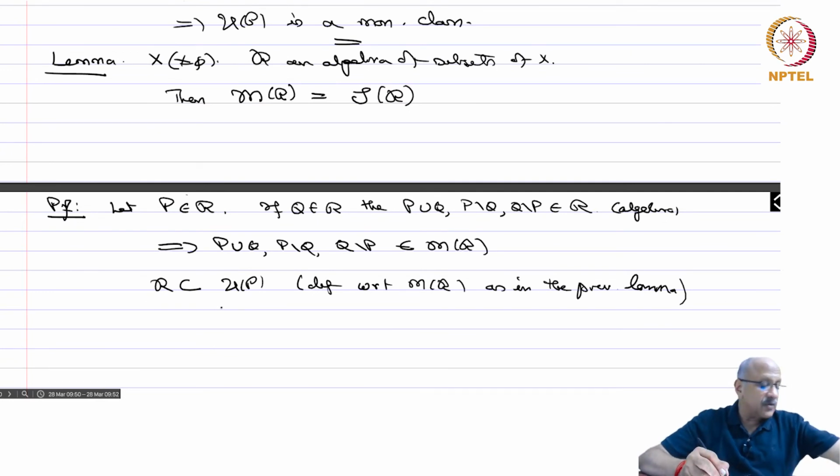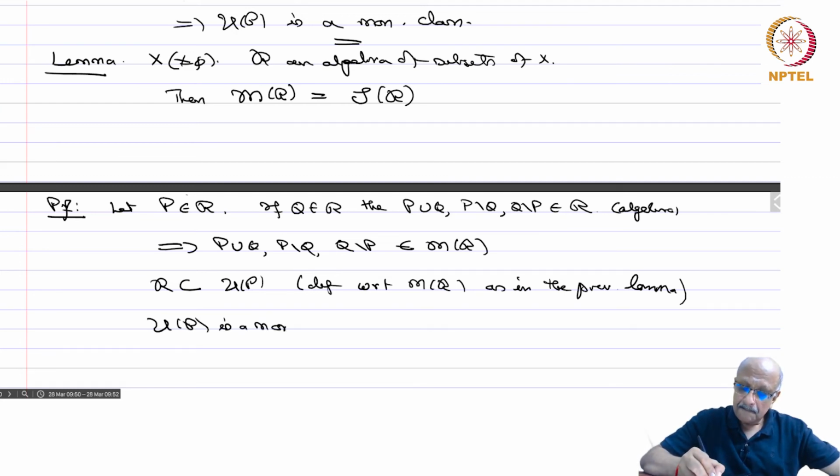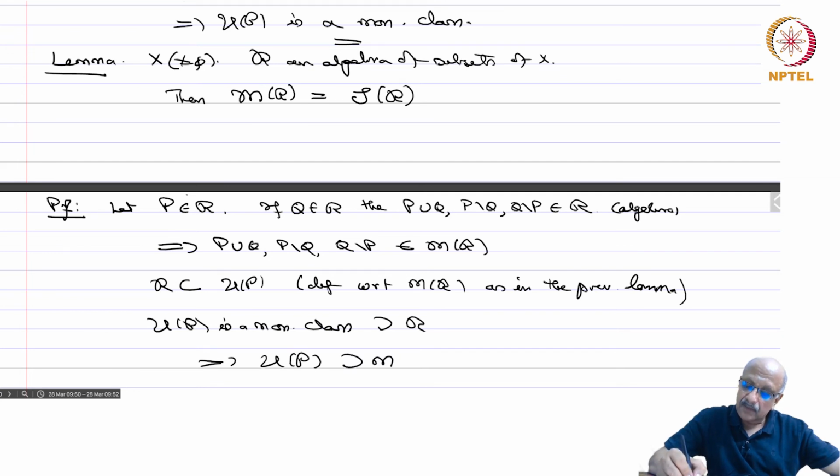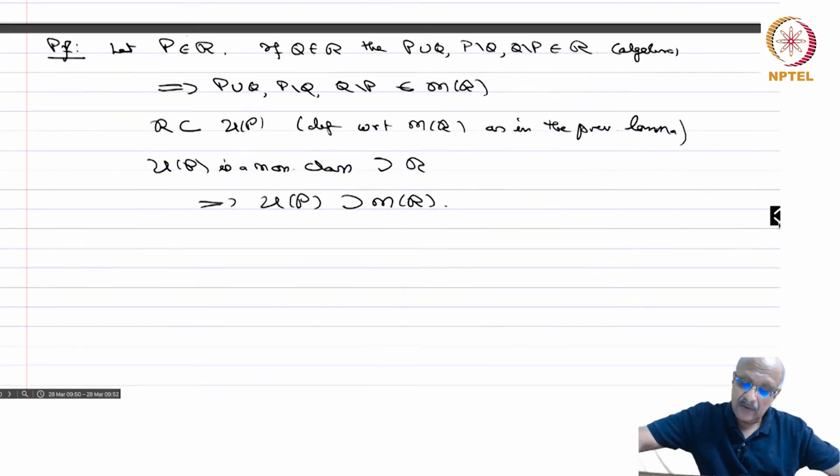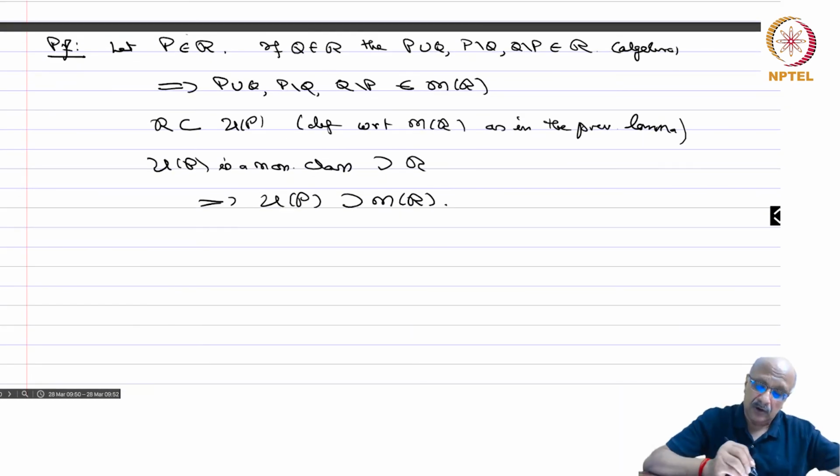So R is in U of P. And since U of P is a monotone class containing R, it implies U of P contains M of R, because M of R is the smallest monotone class.